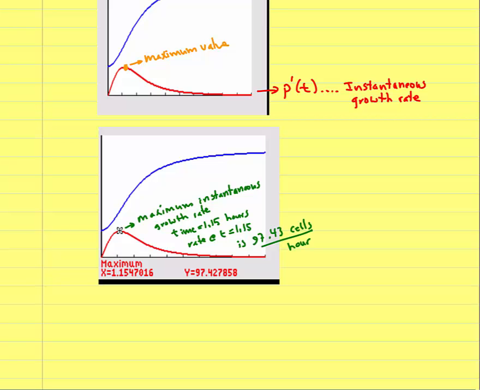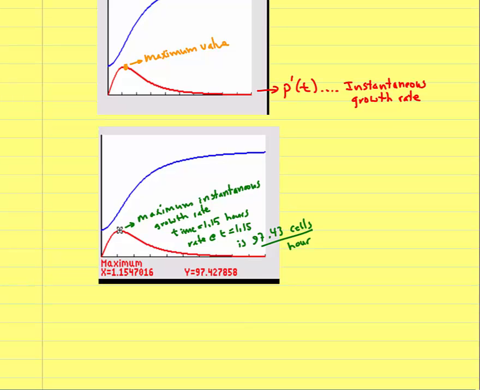Now the last question we can answer about this is, what is the steady state population? We've actually already answered it. Remember, another name for steady state was your carrying capacity.